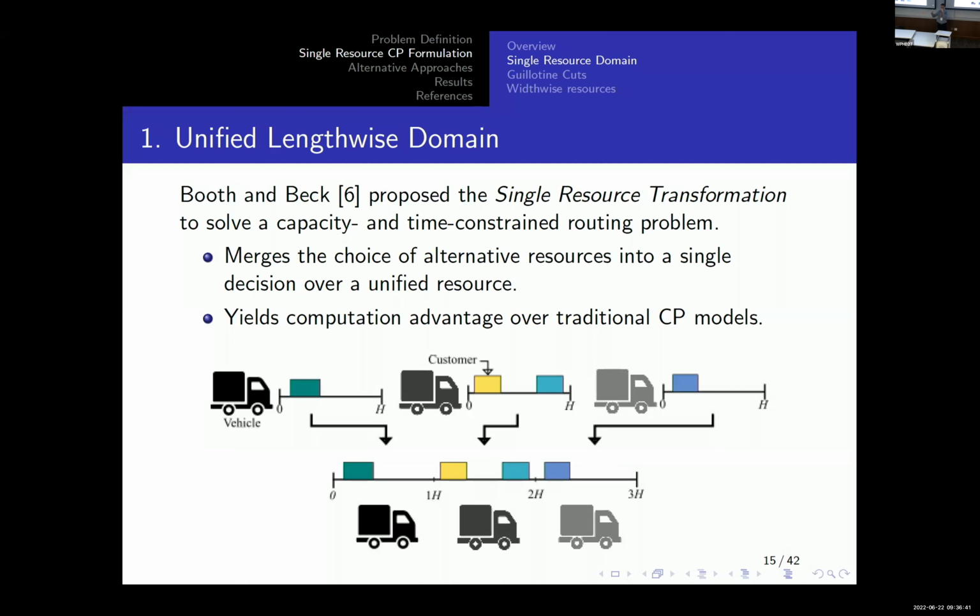So instead of three separate vehicles, for example, you have one big long vehicle, if you will. The idea is that we can apply constraints over the entire horizon instead of over each individual resource. And the hope is, of course, this will provide stronger inference. In their paper, they showed that this transformation yielded a significant computational advantage over traditional CP models, in particular with regards to the size of the model, as well as the solution quality.